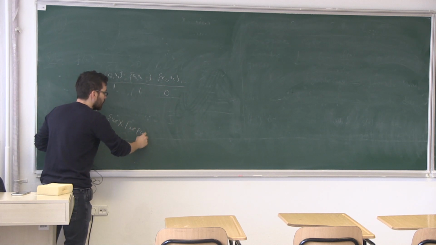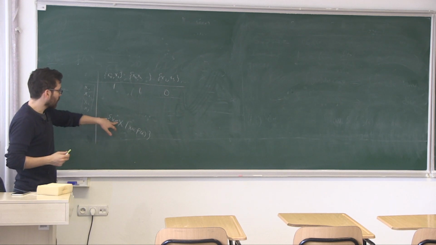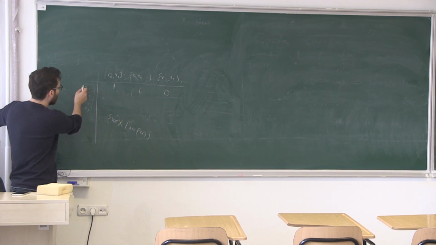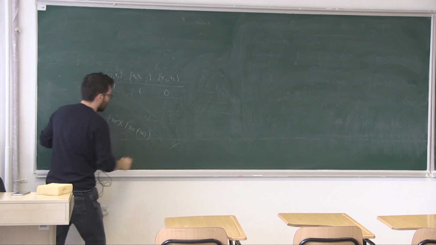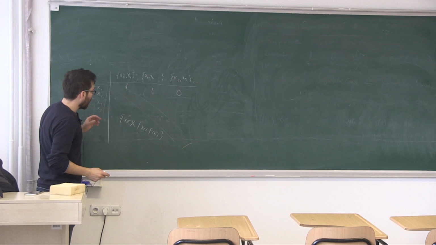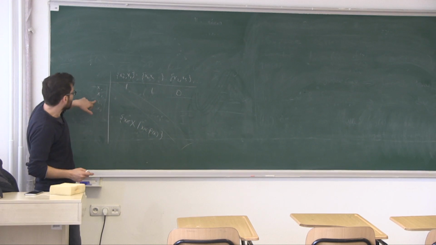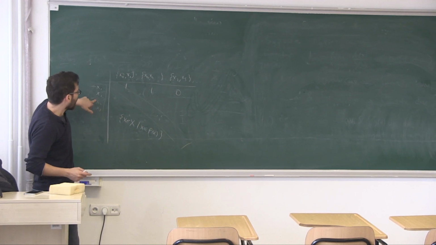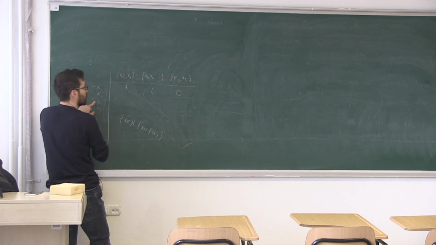Looking at this subset, what does this mean for x to be in f of x? Let's say this guy is, how do you check that this guy is in this subset?